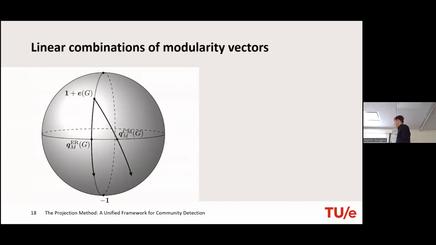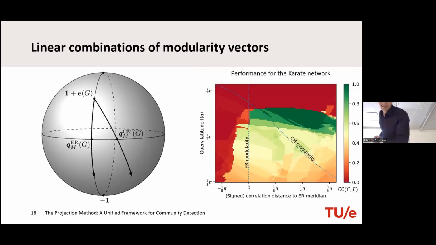But we can also take linear combinations of these two vectors, and see how well that is able to detect communities. Here we did this for the Karate network. This Karate network is a small network where you have a karate club and social connections between members, and then there's a conflict, and the club splits up in two. If you look at configuration model modularity for different values of the resolution parameter, then you're on this line over here.